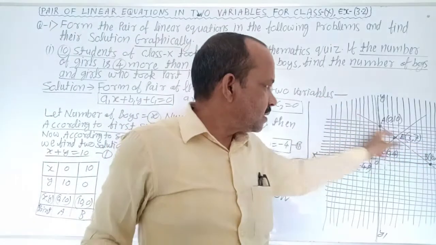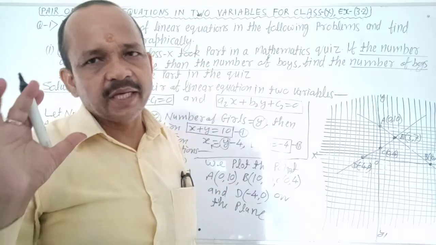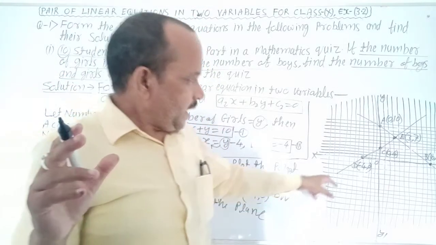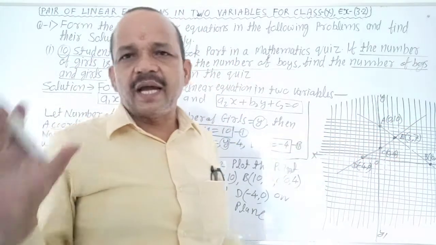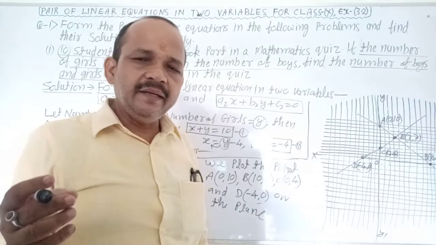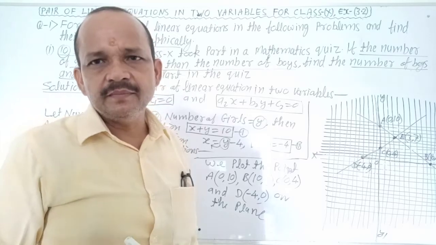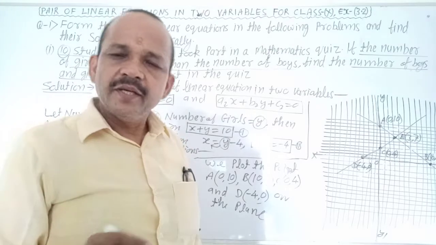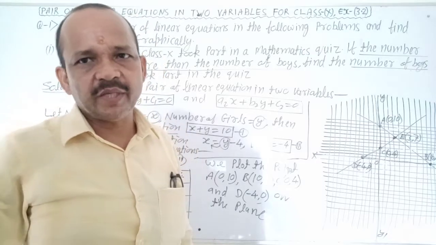Two lines AB and CD intersect each other. It means it is an intersecting line, and it shows a consistent system and a unique solution. It is clear? No confusion about it? Very good.